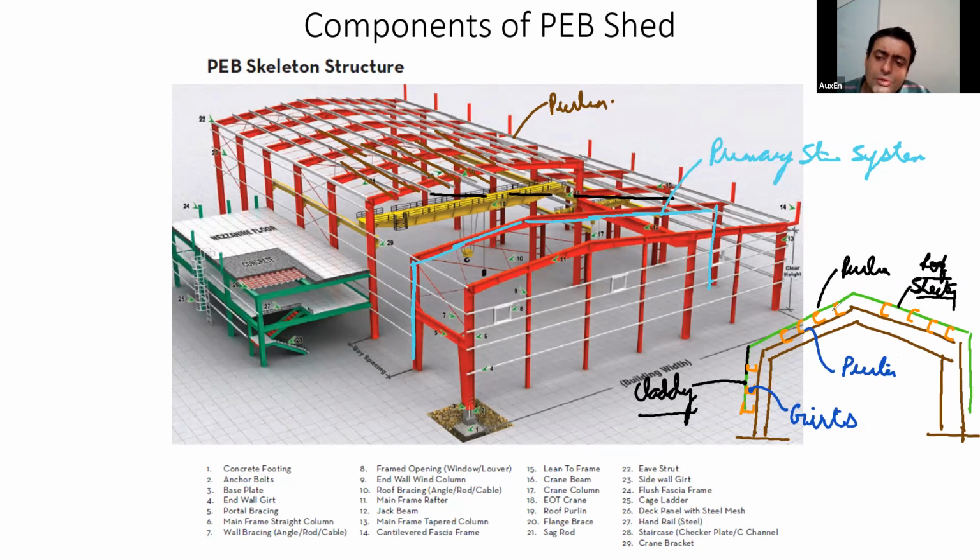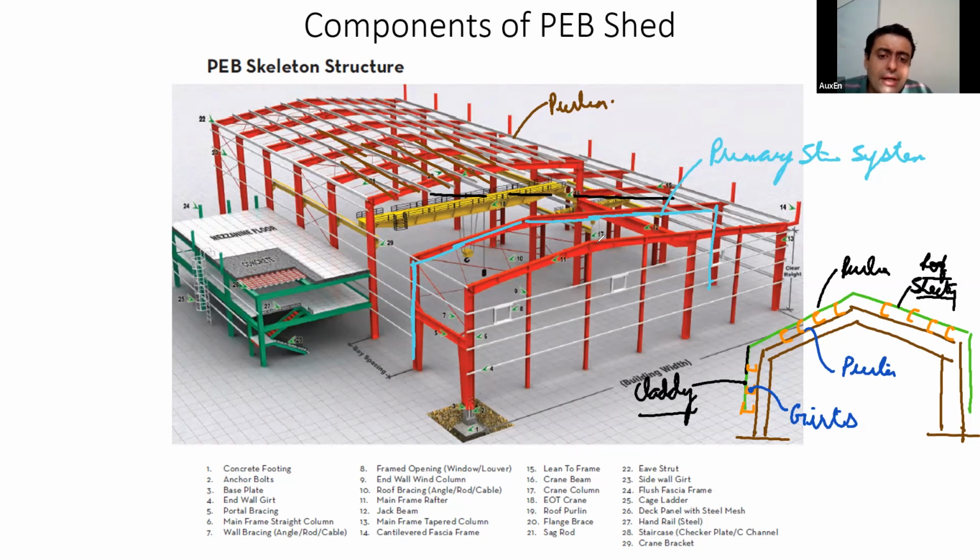Just because they are used at different locations, we give a different term to it. So purlins and girts. Any confusion till this point? Hello? No. So, purlins and girts.